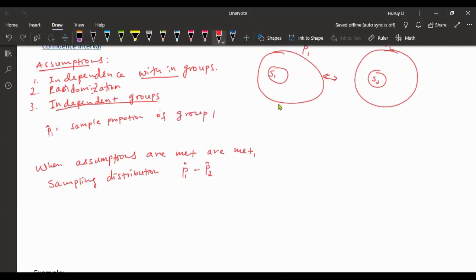And p hat 2 is the sample proportion of group 2.